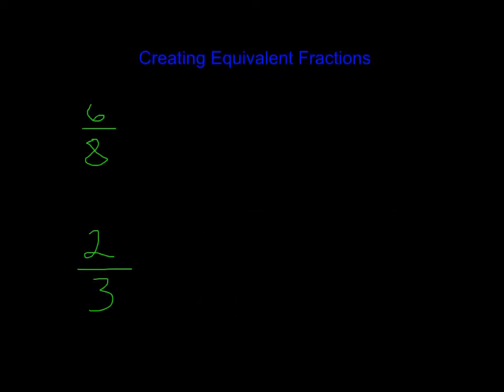On this next slide here, we are going to be creating equivalent fractions. Now we can create equivalent fractions 2 separate ways. The first way in which we can do it is we can divide.